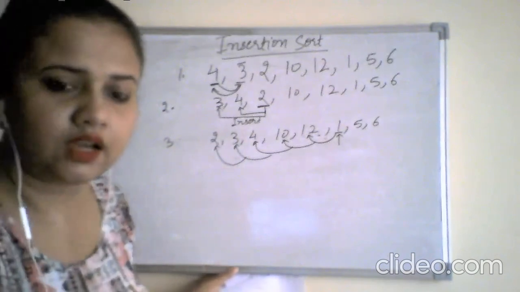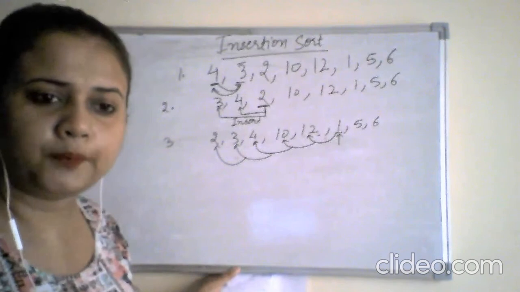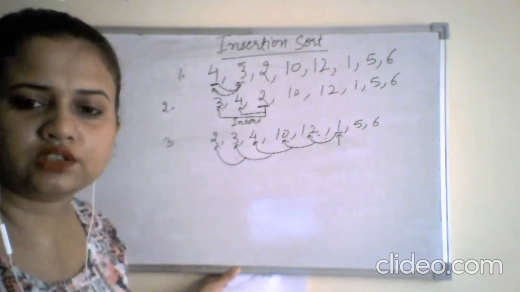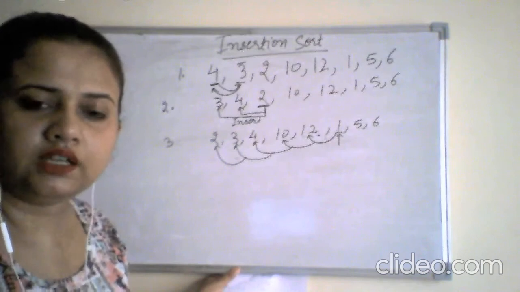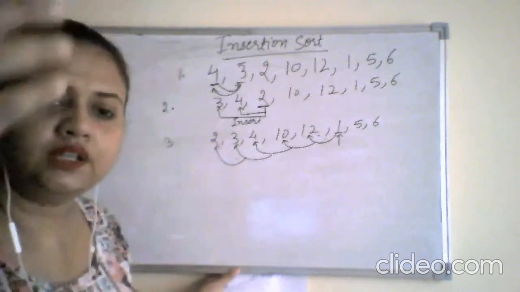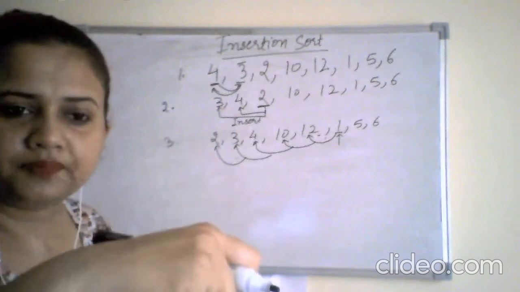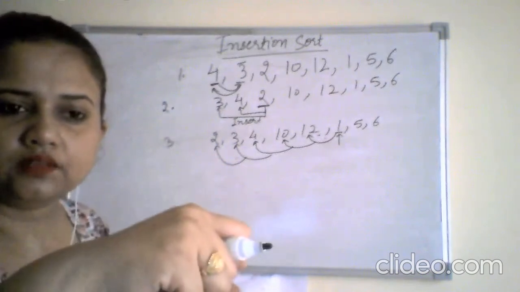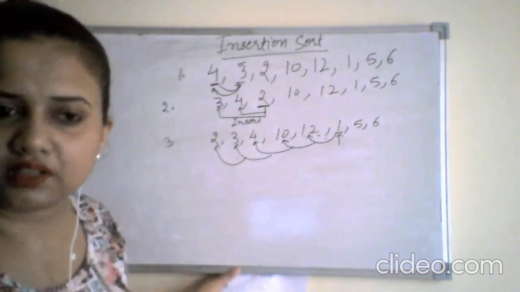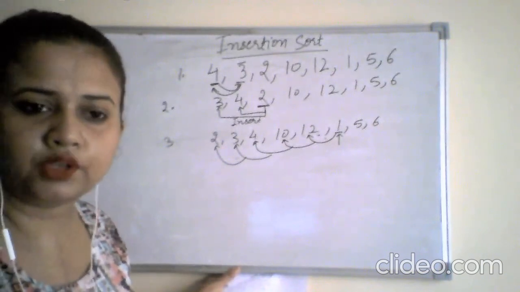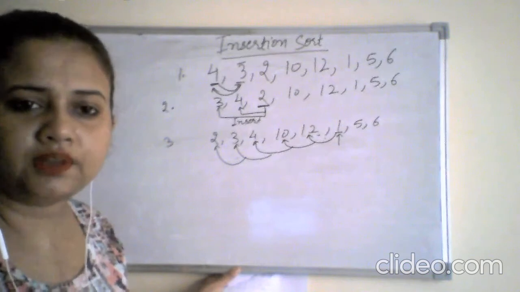Because I am trying to find a proper place where I can do the insertion for it. I will pick up the data from the given location, and after I am done with the comparison, I will put it at the correct place for it.